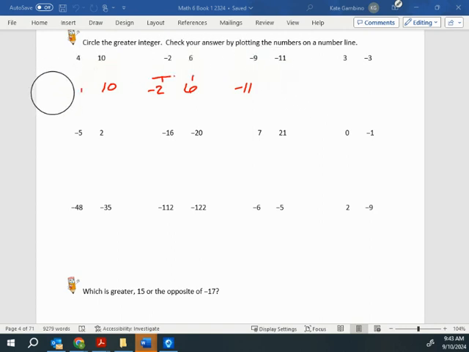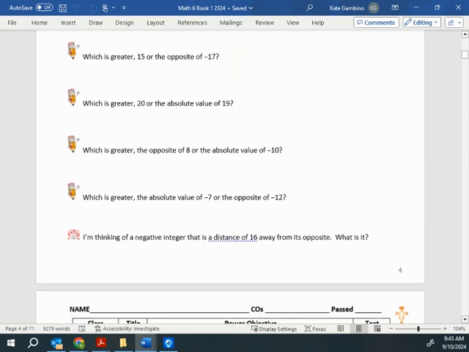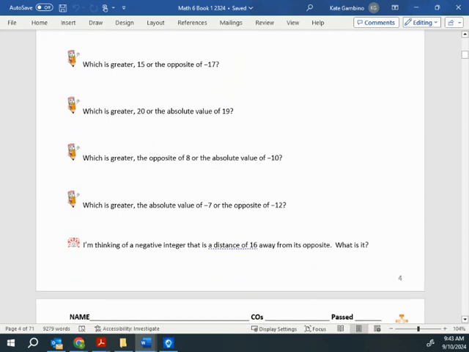All right, let's look at the middle of the page, or the bottom half of the page. We have word questions. Which is greater? 15 or the opposite of negative 17.